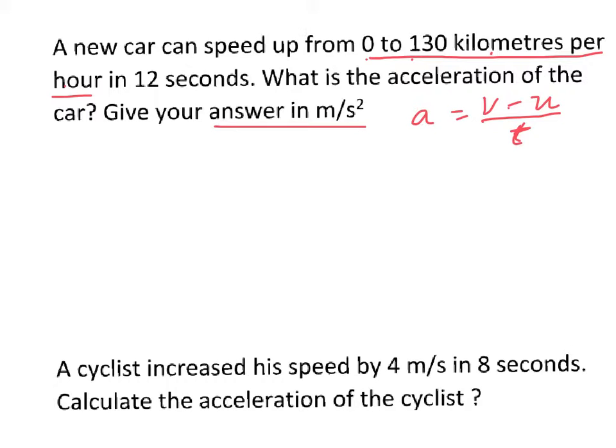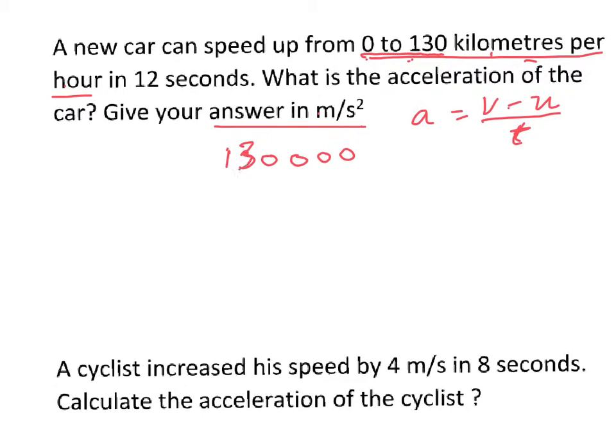Okay, so kilometer per hour is not the unit we want. We want to convert the kilometer to meter and the hour into seconds. The change in speed is 130 kilometers per hour. As you can see, it goes from 0 to 130. So converting 130 kilometers, if I drop that kilo, I should replace that with 3 zeros as we've seen before.